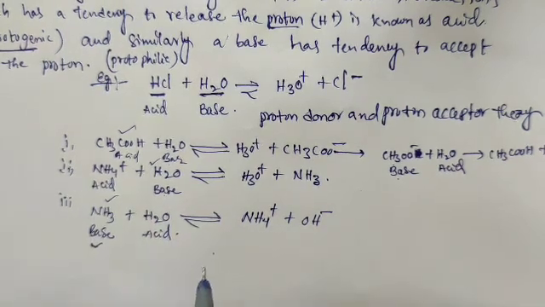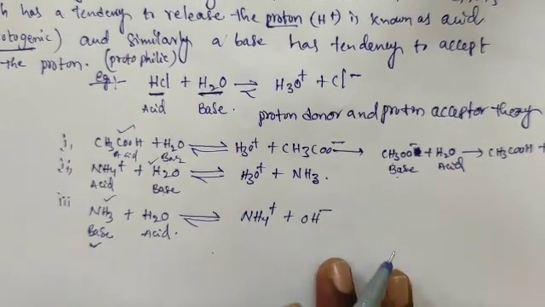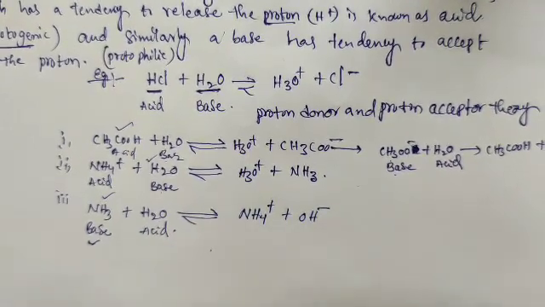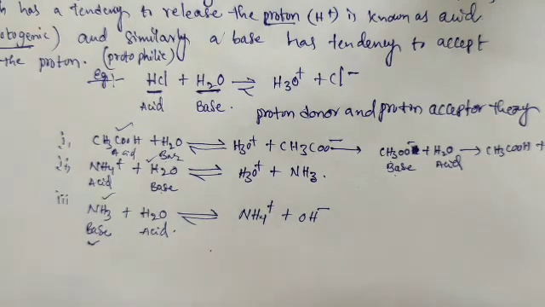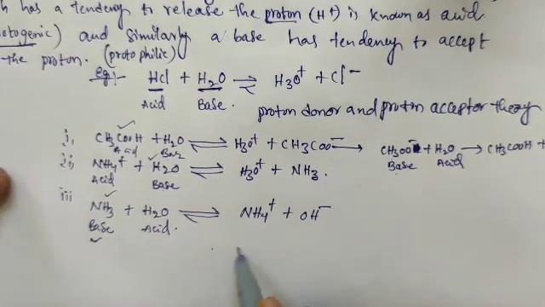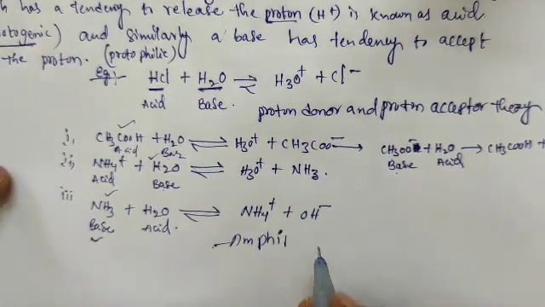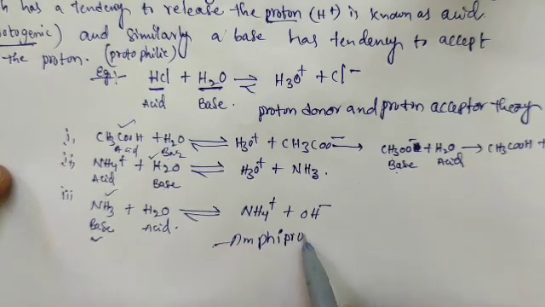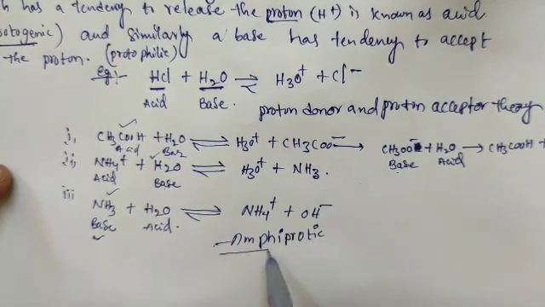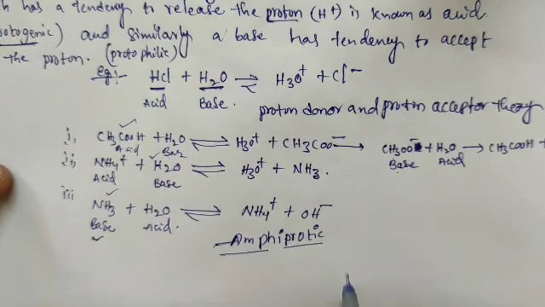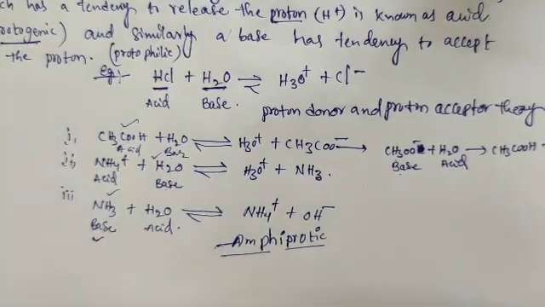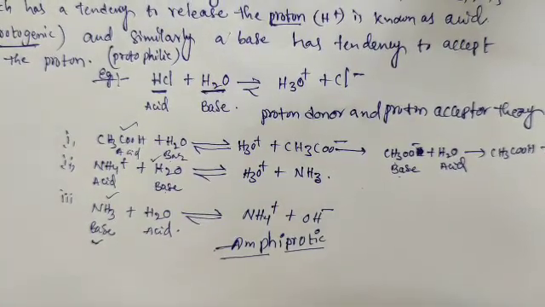So H2O, NH3 and CH3COOH, which can act as both acid and base, are called amphoteric. Amphoteric nature means amphiprotic, it behaves as acid as well as base.